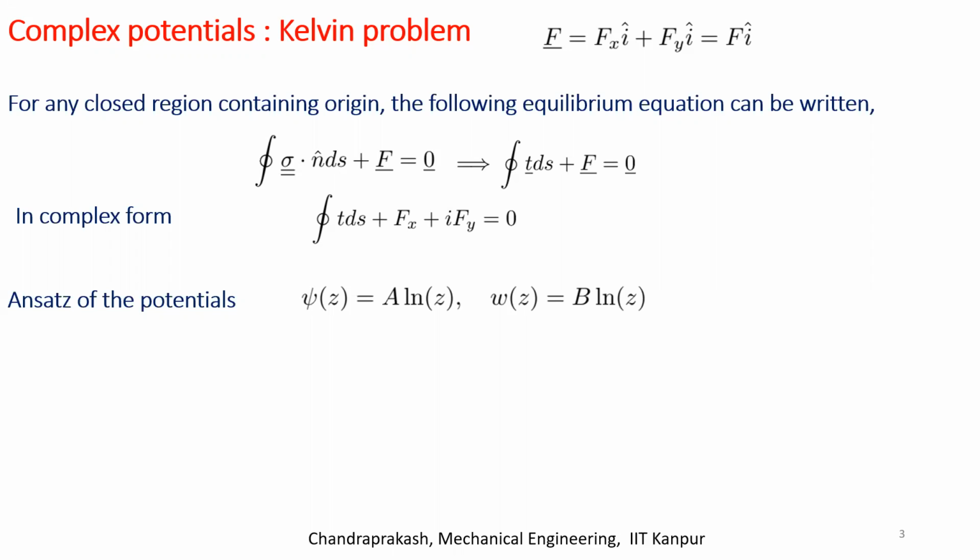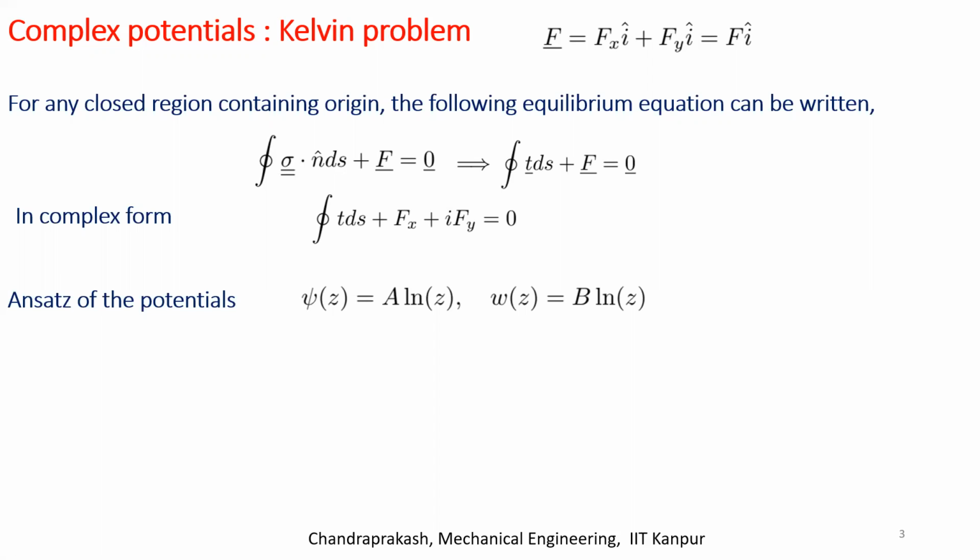logarithm of z? Logarithm of z was chosen because we are dealing with an infinite sized object, and when you differentiate log z, you end up with a quantity 1 by z, and 1 by z is nothing but 1 by r times exponential i theta.